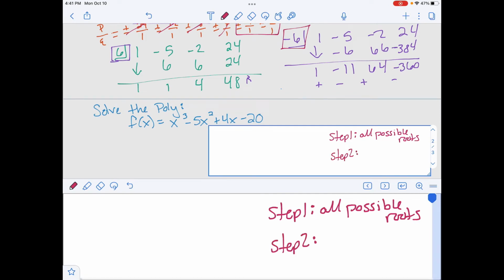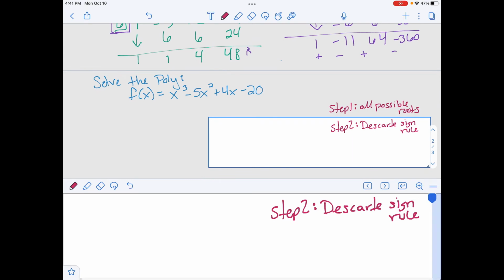You can either go straight into trying, guessing, and checking, or use Descartes' sign rule. Step 3, you could even narrow it down further if you wanted to by using upper and lower bounds, or from there just start doing synthetic division and let's just see what happens. We can recognize upper and lower bounds if we know those sign tricks to cancel other stuff out.